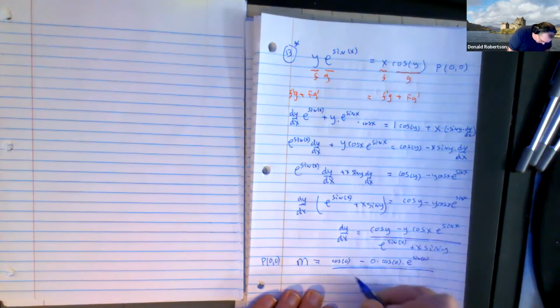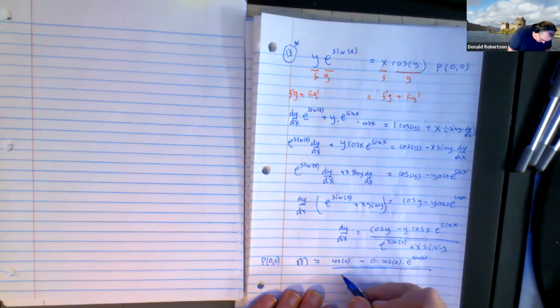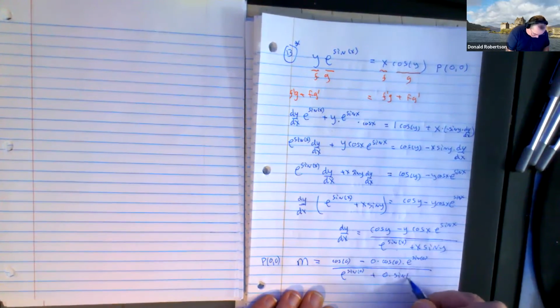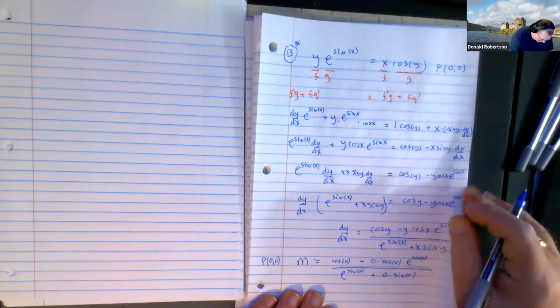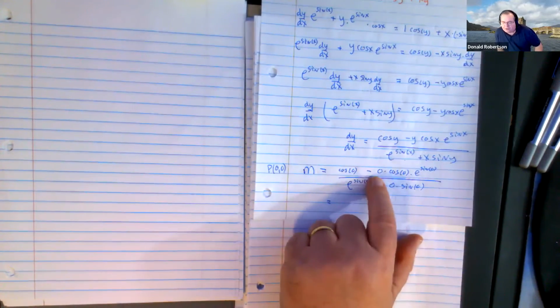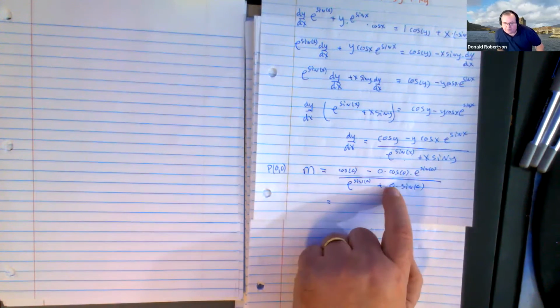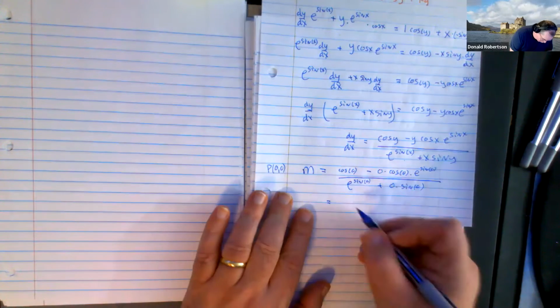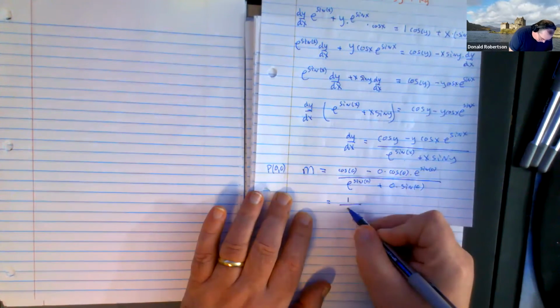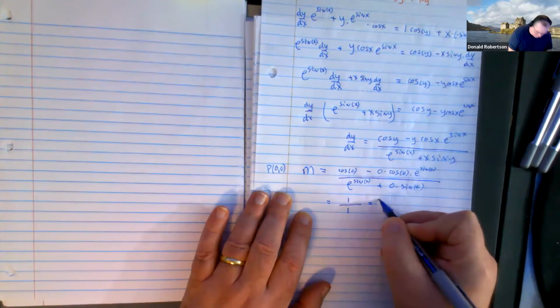And on the bottom, it's going to be e to the power of sine 0 plus 0 times the sine of 0. Now, although that is really messy, most of it is 0. Wouldn't you agree 0 times this is 0? And wouldn't you agree 0 times sine 0 is 0? Cosine of 0 is the number 1, and e to the power of 0 is the number 1. So guess what? The slope is just 1.